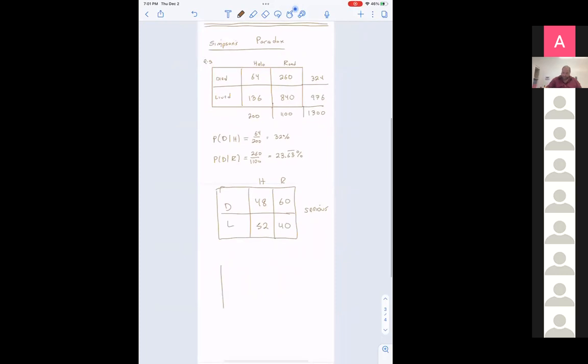And then let's look at the same situation, died, lived, helicopter, road, for the less serious, I don't want to say not serious because every accident is serious, but the less serious accidents. And I get 16, 200, 84, and 800.